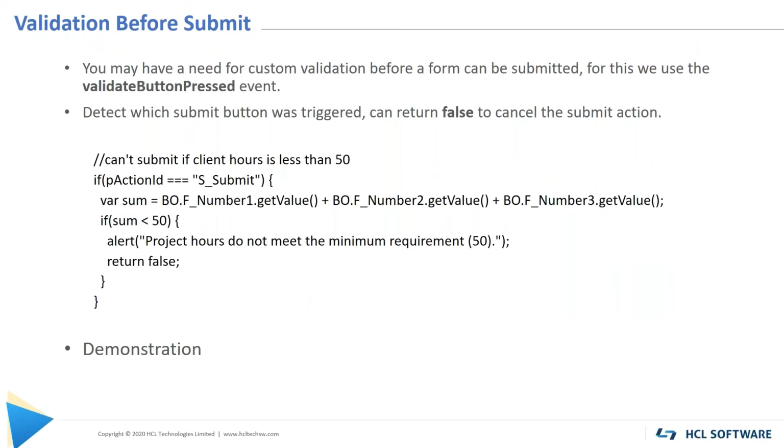And it gives us the ability to create some really interesting behavior in our forms, make sure that forms aren't being submitted incorrectly or without all the information that they should have. Lots of cool ways that you can use that.